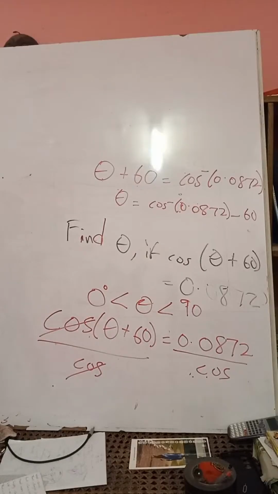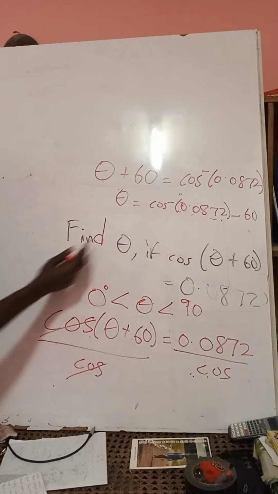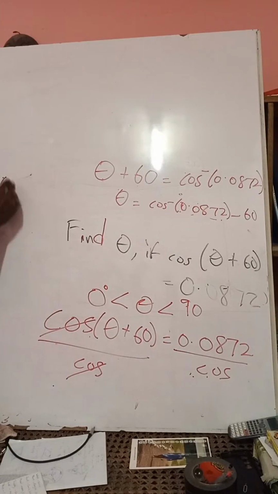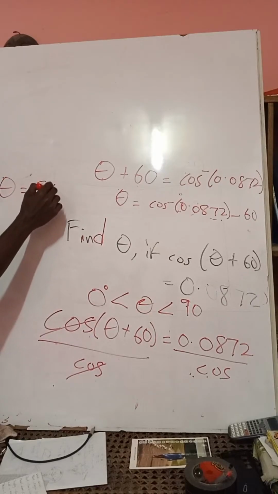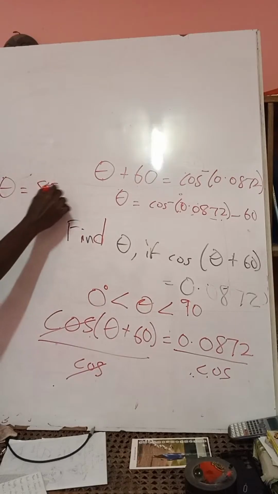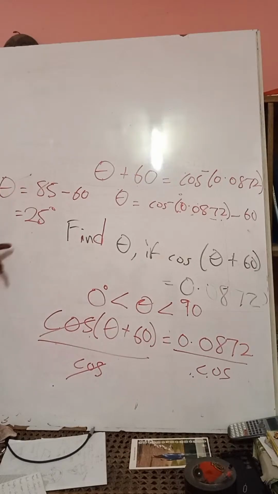So you're having cos inverse of 0.0872 is the same as 84.9 something there. Let's round it so that it will be 85. So it will be 85 minus 60. So we'll be having theta to be 25 degrees. Approximately 25 degrees. That's going to be our answer.